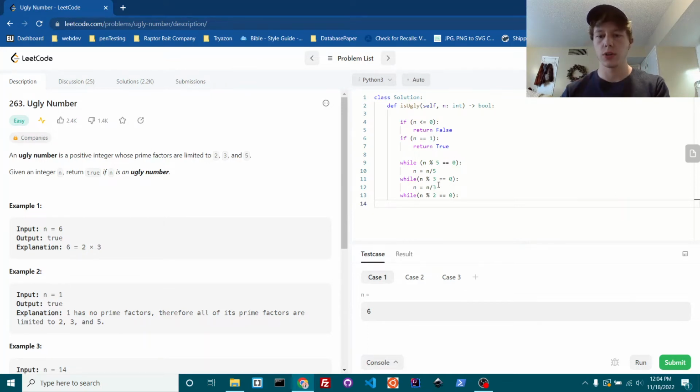I guess this would work for 1, but 0 would cause this to be an infinite loop, I'm pretty sure. So we're definitely going to have an edge case for 0. 1 actually might go through this, but I just feel like it's going to cause something annoying. So, okay, that should divide the number down.